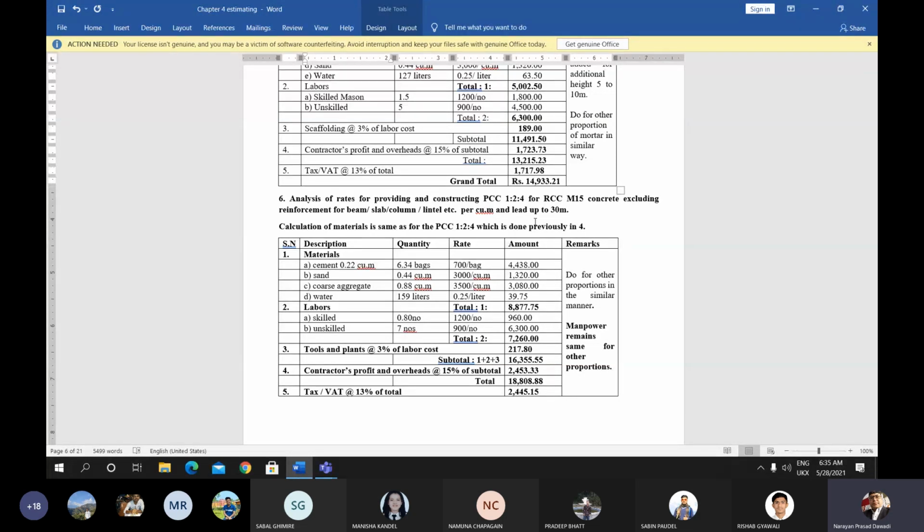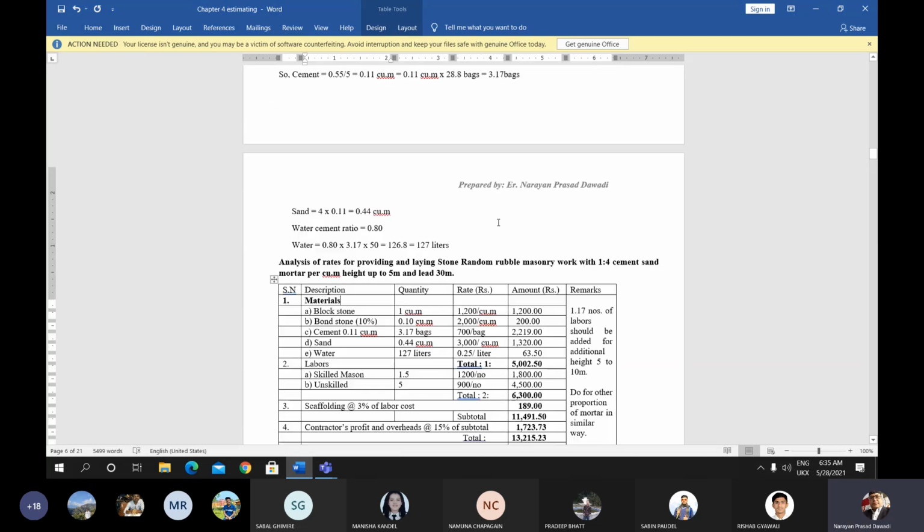That's why the quantity of material required for the same proportion of the RCC 1:2:4, RCC PCC work, gives the total cost of 8877.75 rupees for the material. The labor will be different. For the foundation work, the labor is 1 and 4.